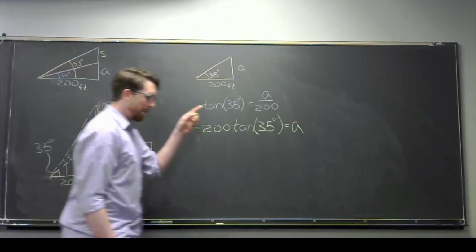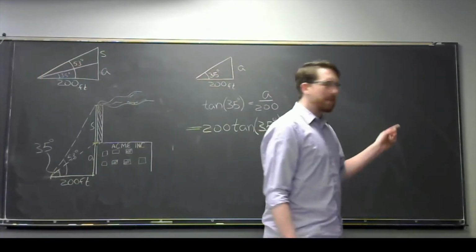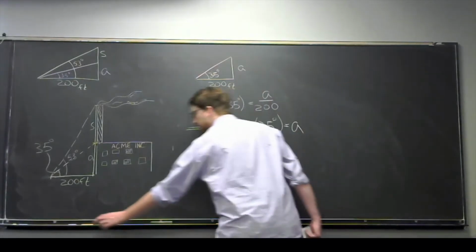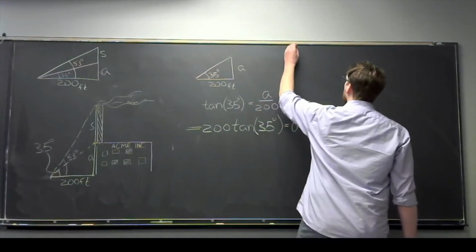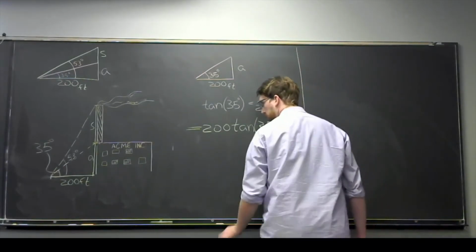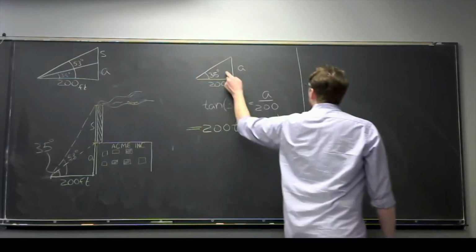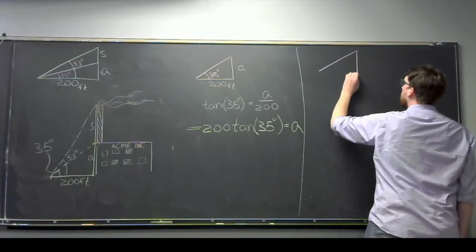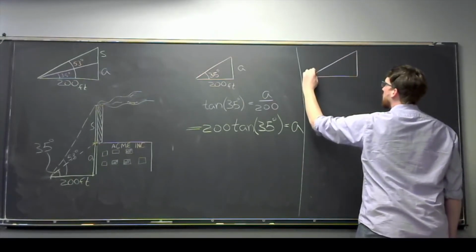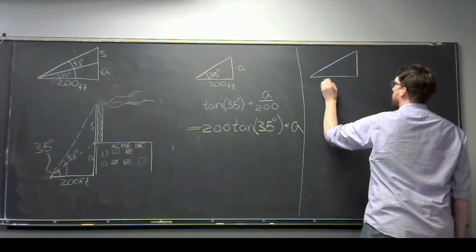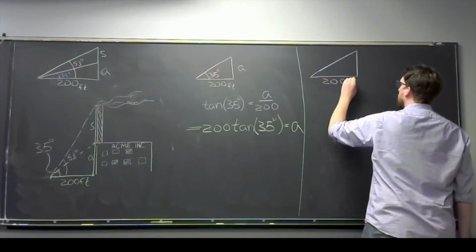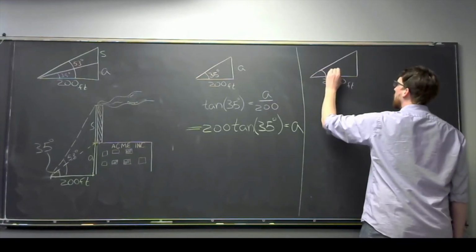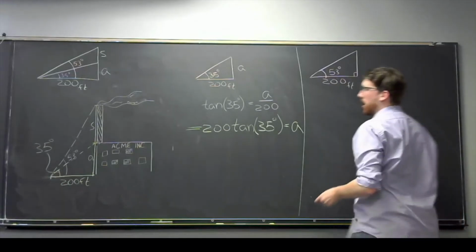Now, looking at the next triangle, what we've got is going to be something like this: 200 feet, 53 degrees. All of these are right triangles, right?